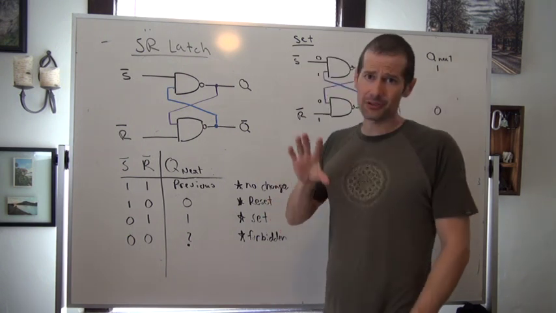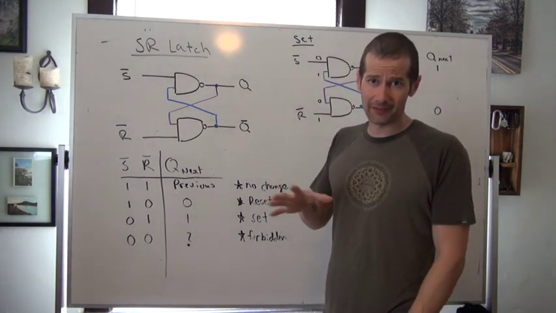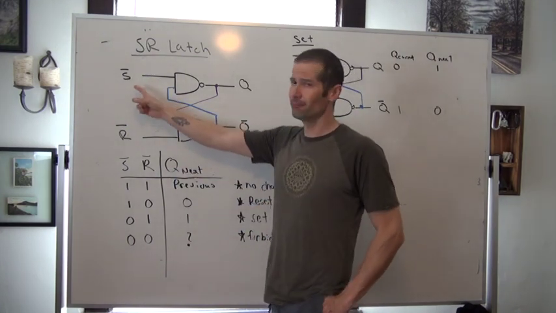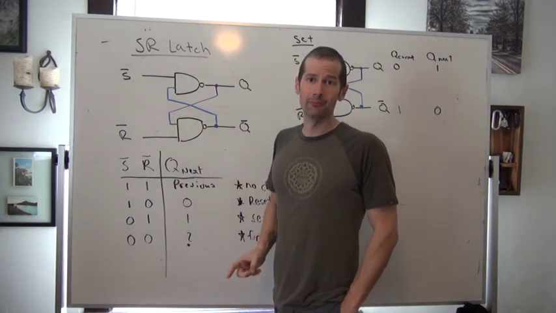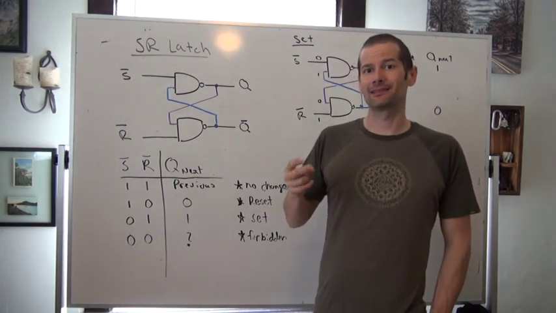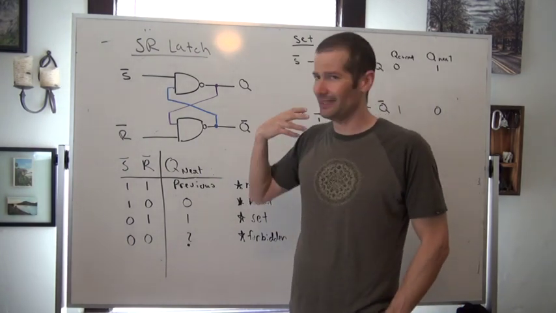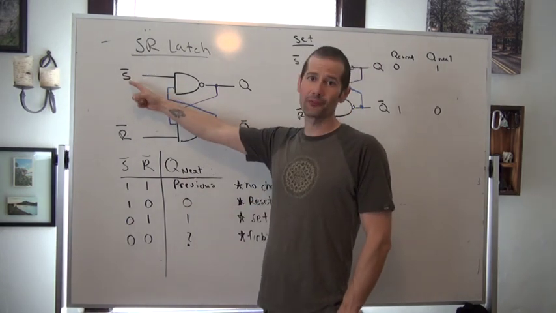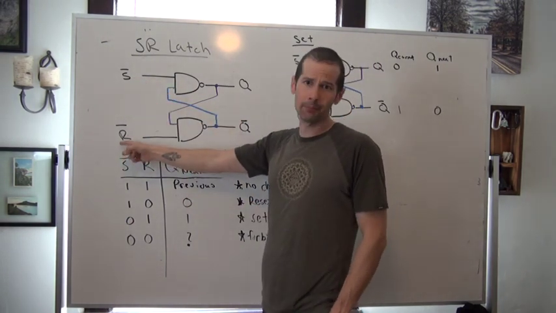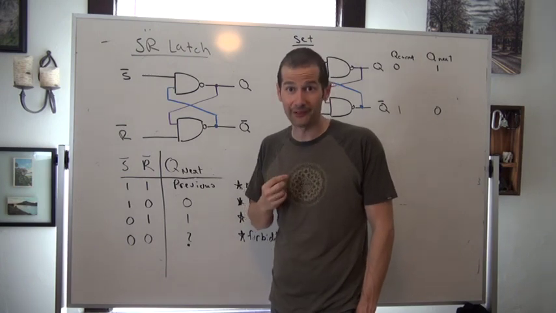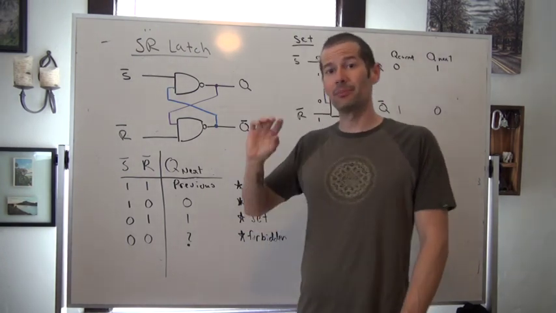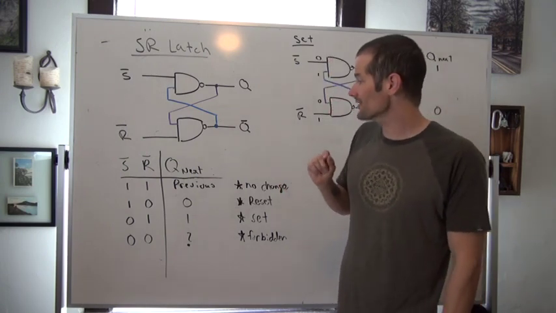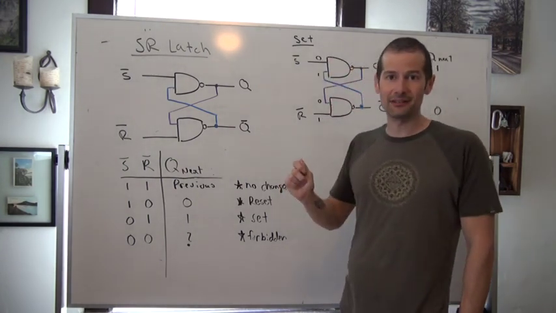The interesting part, and I think this is kind of confusing to students, is that the inputs are actually S bar and R bar, meaning that it's not necessarily inverted per se, but S bar is for set and R bar is for reset. The reason they put a bar on top of it is that we cause a reset state to happen.